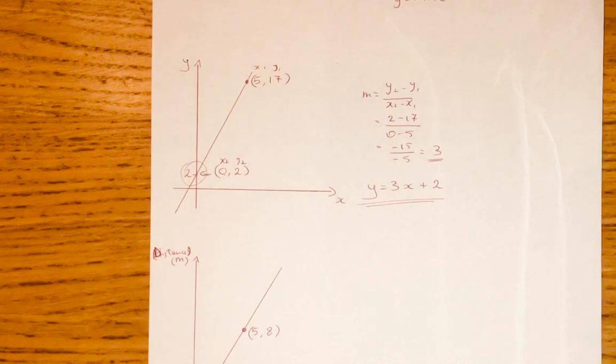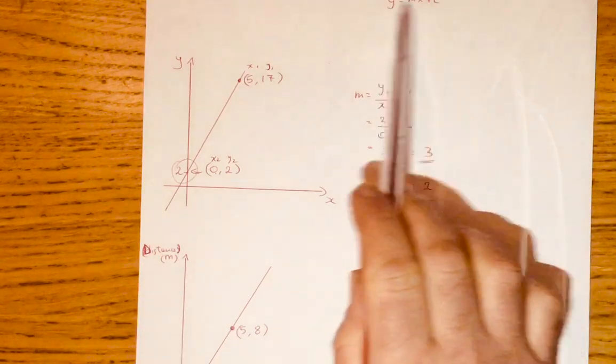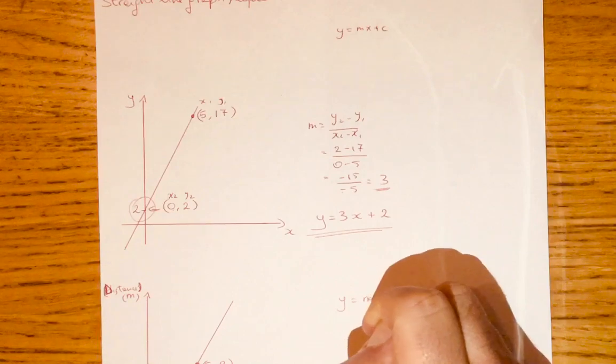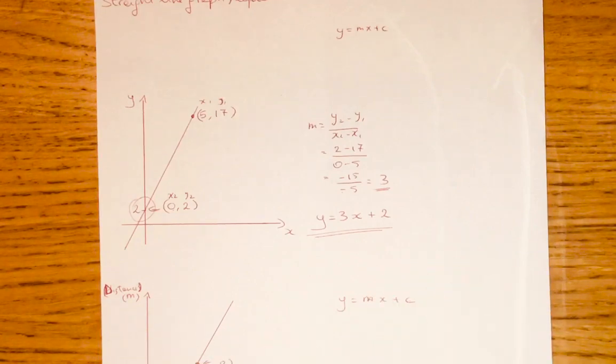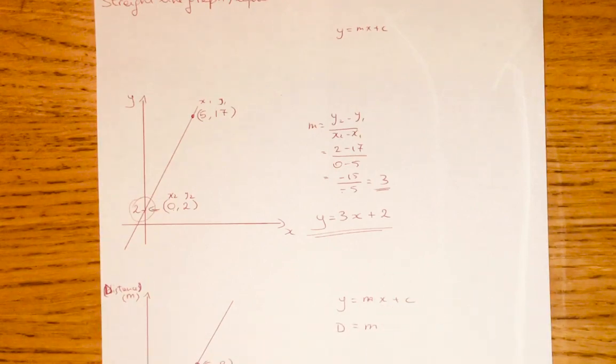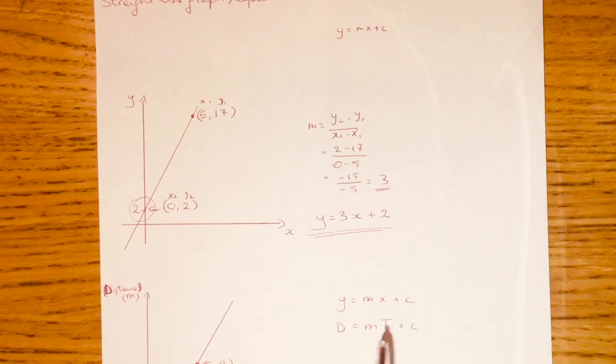Another thing to notice here is there is no x and y, so we need to use d and t for our x and y. So the equation of the line y is equal to mx plus c, which in our case is going to be d is equal to mt plus c. And now we try to look for m and c.